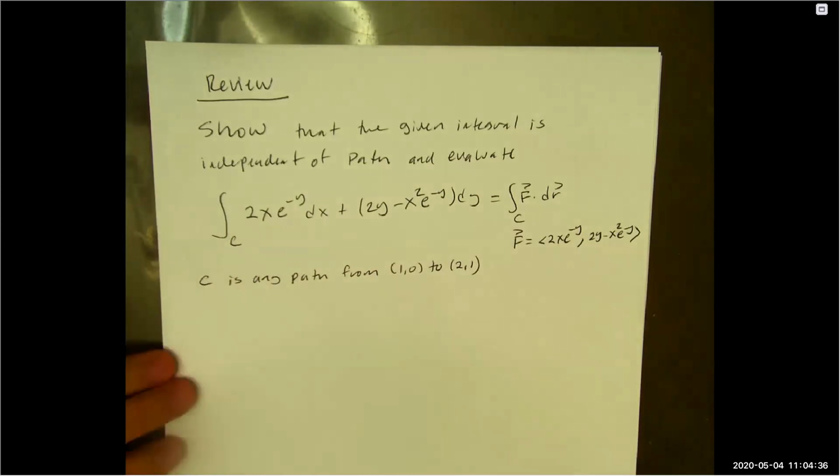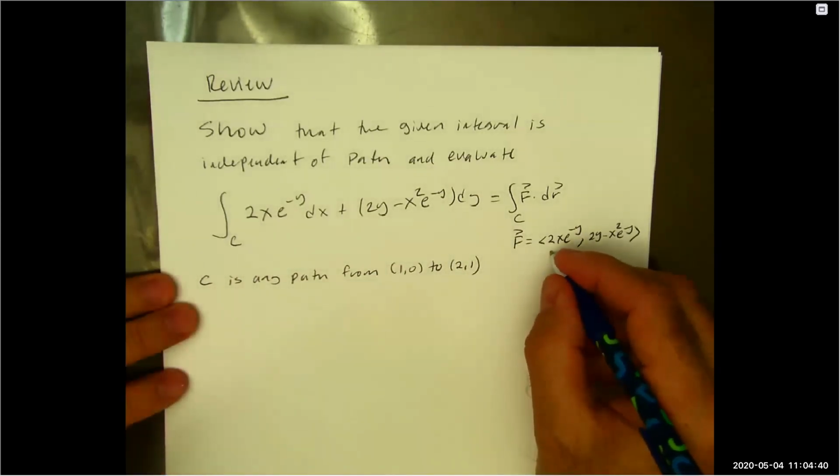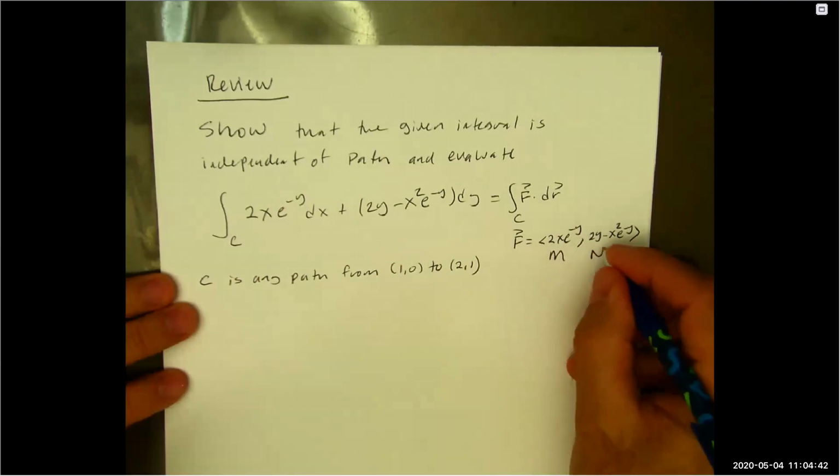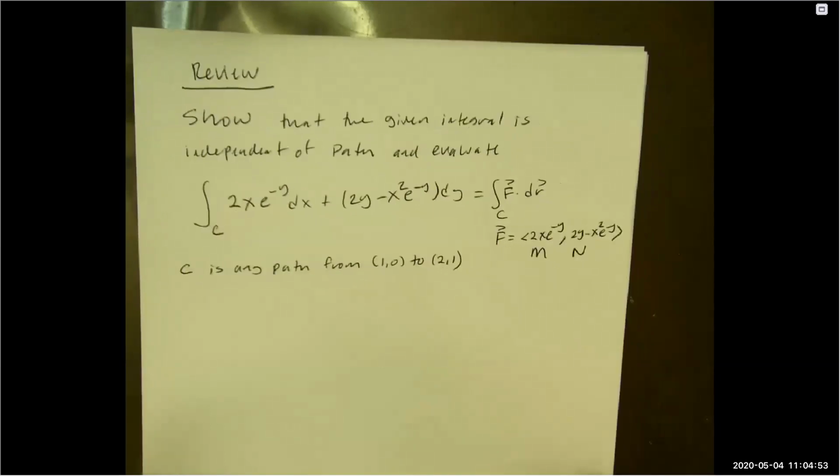All right. And so if this is our vector field and this is M and this is N, one way to show that the integral is independent of path is to show that the vector field is a conservative vector field. So if the vector field is conservative, then that will tell us that the integral is independent of path.